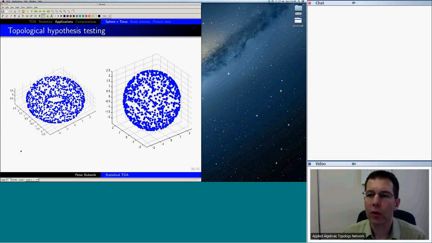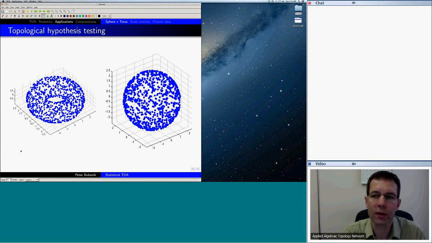Now, so we have data in 3 dimensions, and most people, when they have data, construct a filtered simplicial complex by using something like the Rips complex or a variant thereof, like the witness complex.